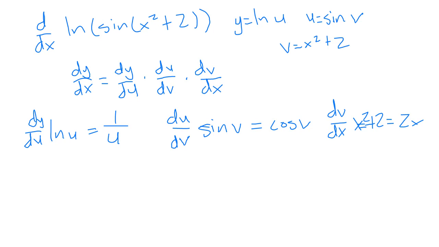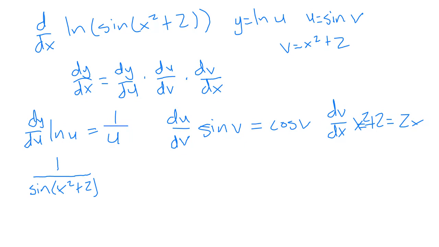Now let's plug everything back in. We're going to have our 1 over u, and we already said that u is a function of v, which is a function of x. So we're plugging x into v and v into u, leaving us with sine of x squared plus 2.